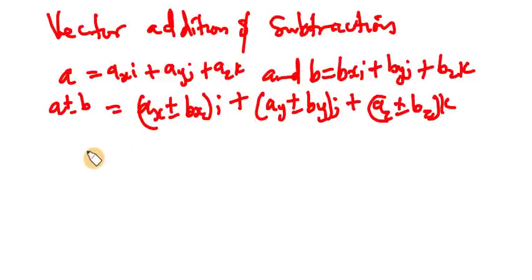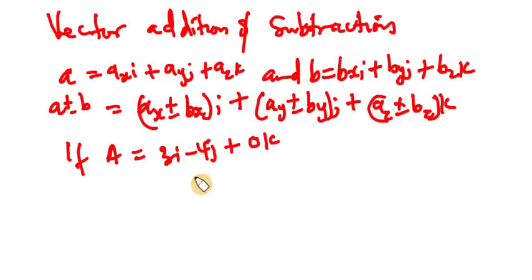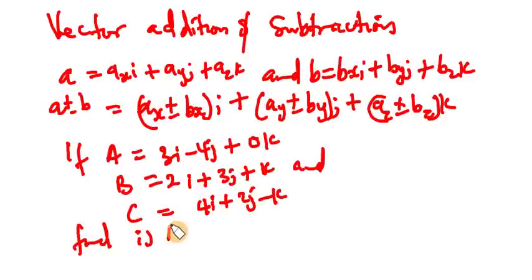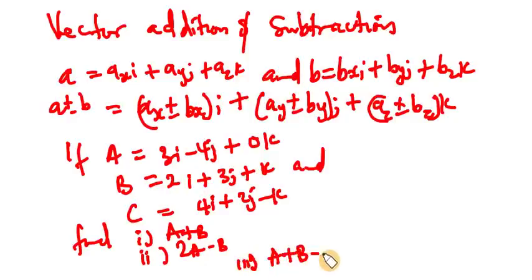So given that a equals 3i minus 4j plus 0k, b equals 2i plus 3j plus k, and c equals 4i plus 2j minus k, we can find: one, a plus b; two, 2a minus b; three, a plus b minus 2c.